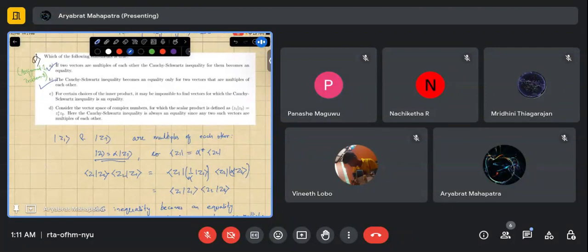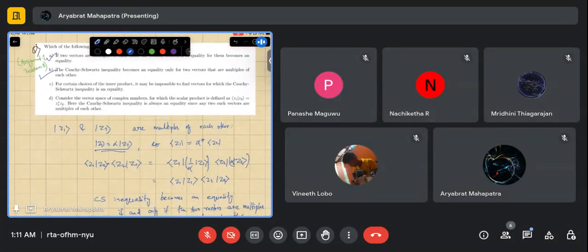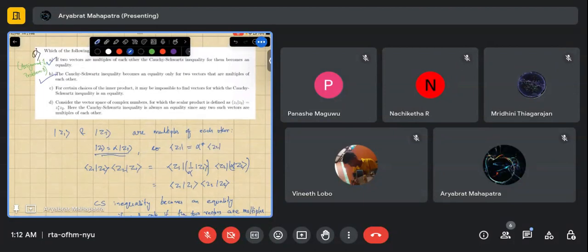The next statement, D, says consider the vector space of complex numbers for which the scalar product is defined as G1, G2 is G1 star G2. The Cauchy-Schwarz equality is always an equality since any two such vectors are multiples of each other.